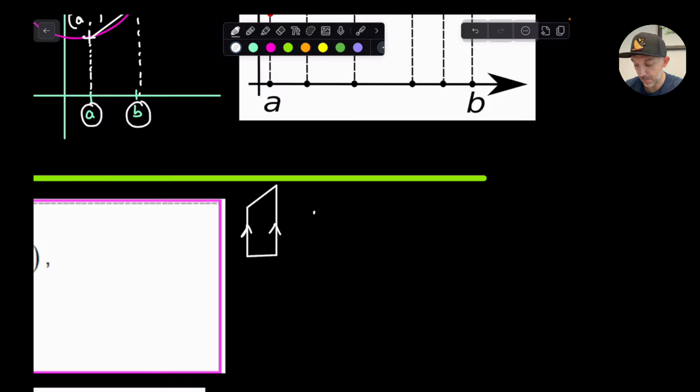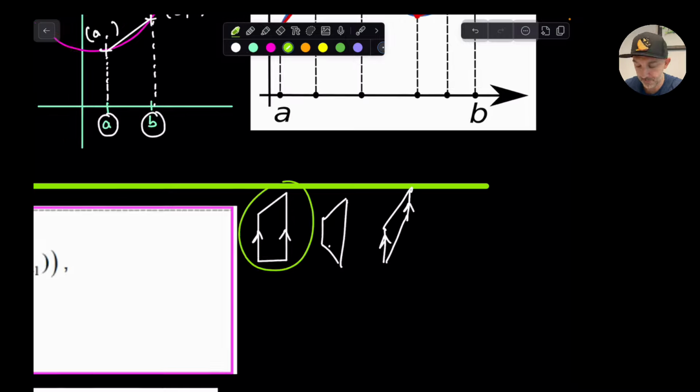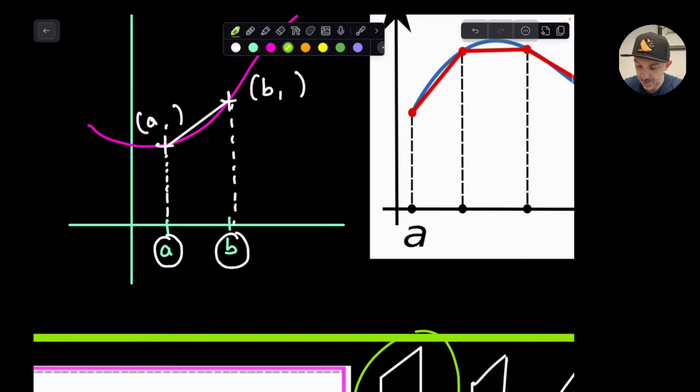There are many different shapes of trapezium, like this is also a trapezium, and this is also a trapezium, as long as it has 2 parallel sides. But the one that we're interested in is this particular shape here. So we can estimate the area beneath the curve by using the trapezium.